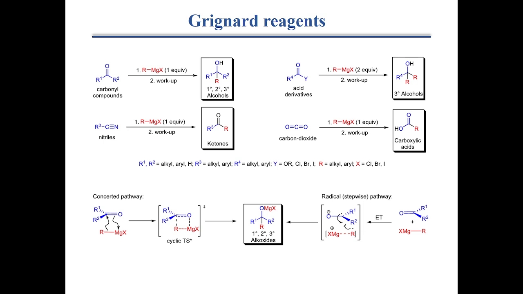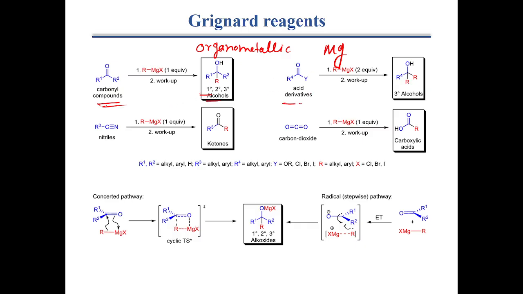Now I am going to discuss the Grignard reagent. Grignard reagent is also an organometallic reagent. Here the metal is magnesium. Same as lithium, in presence of carbonyl compounds, it will form primary, secondary, or tertiary alcohol.